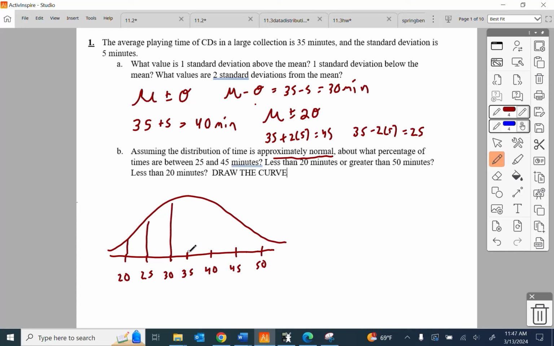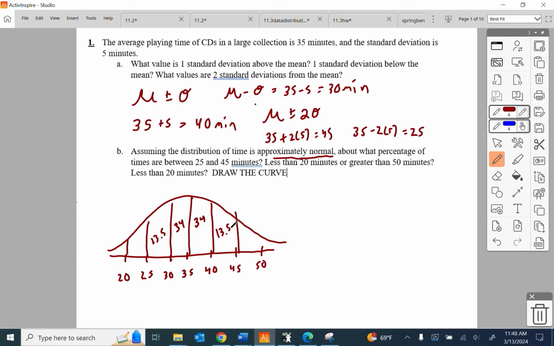You've got your empirical rule that you can look at, but it says these two right here contain 68% of the data. They're each going to be 34%. The next two slices are each 13.5%. Mine may not look it, mine's not drawn to scale. Then we have the 2.35, if memory serves me right.